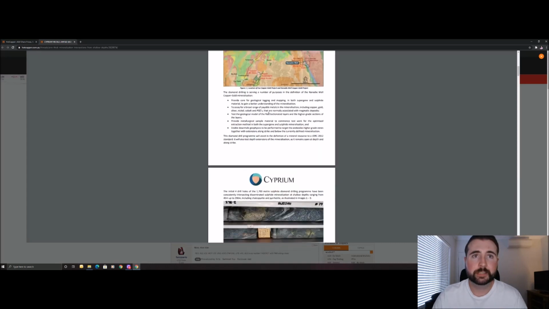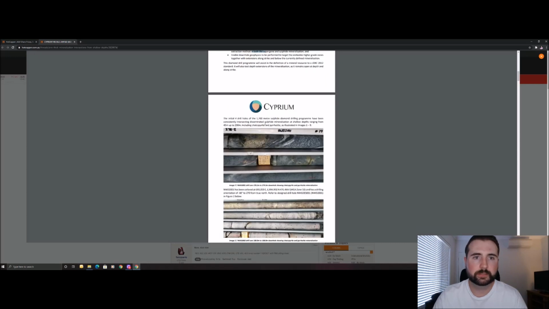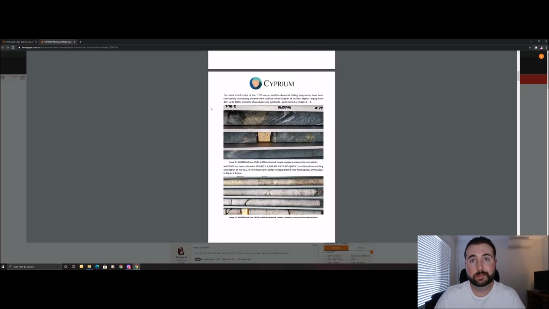Let's keep looking. Okay. Cool. No worries. Results, all that sort of stuff. You get your cool little images of all the results. So these are the things that they send back to the labs. Let's have a look. At shallow depths ranging from 45 meters up to 209. That is thick, guys. That is a big resource, and I don't think it's what they were looking for.